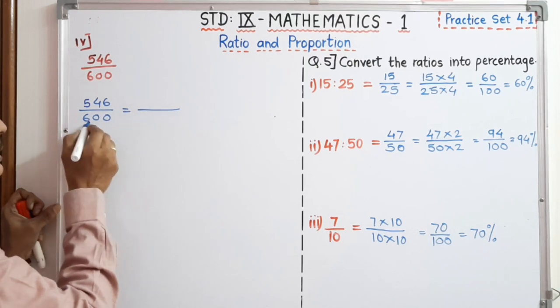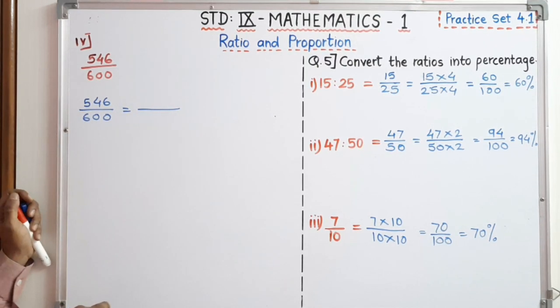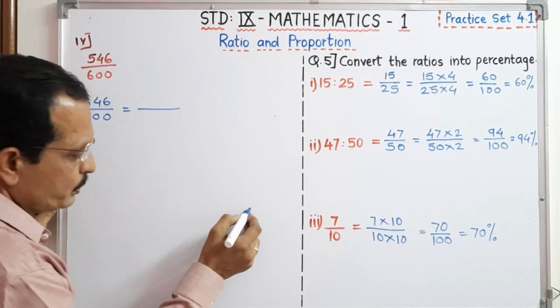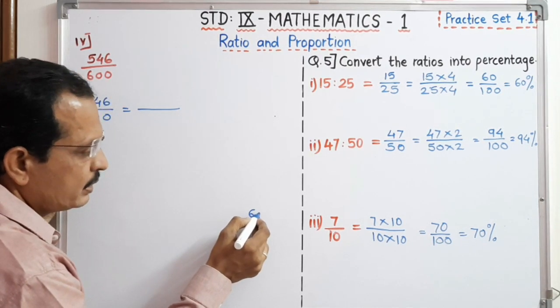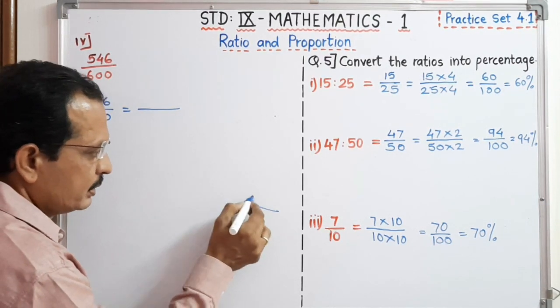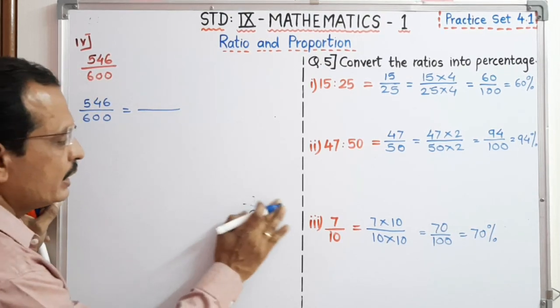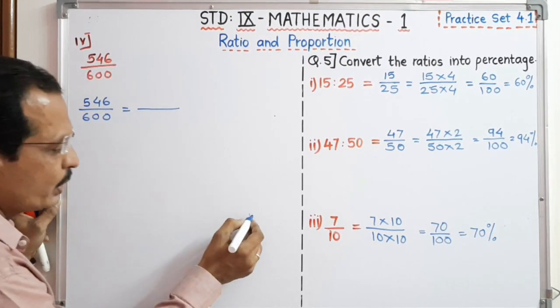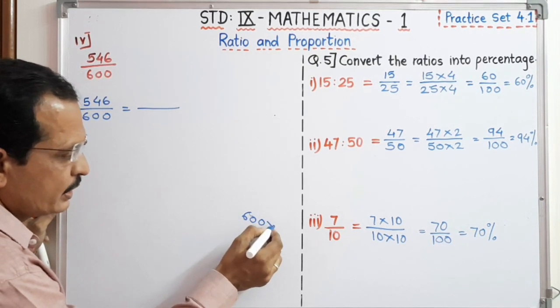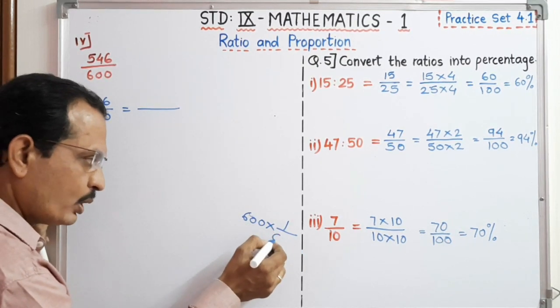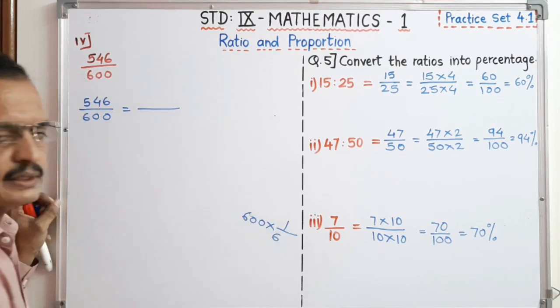Now see here, 600 is there. For that purpose, what we have to do? I have told you to divide 100 by 600, or for getting 100, what we have to do? 600 into 1 upon 6.